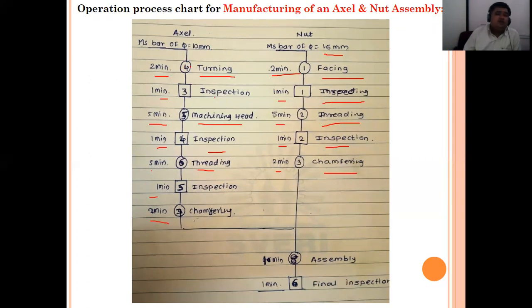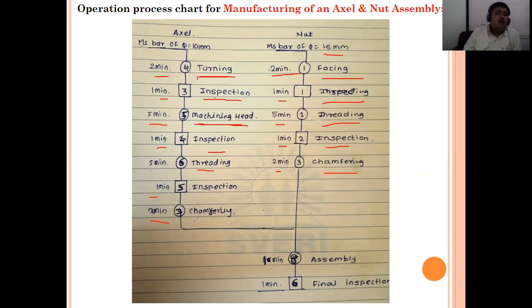The middle vertical line represents the process. This is the one example we have taken of how to represent the chart. A vertical straight line is the example we have taken for the operation process chart. On the right hand side of this chart we write the description. What is there in this particular process?